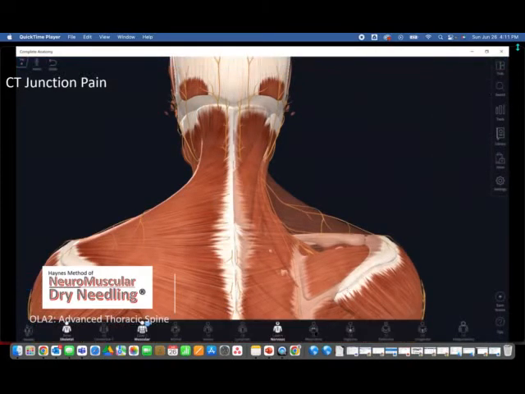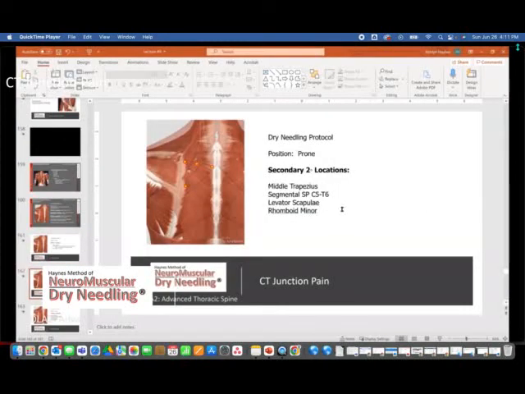So we'll move out of that. Let's come back. Our secondary locations, our middle trap, segmentally again from spinous process C5 down to T6, the levator scap and the rhomboid minor. You can see those three locations there. And then for rhomboid minor, that would look like this.